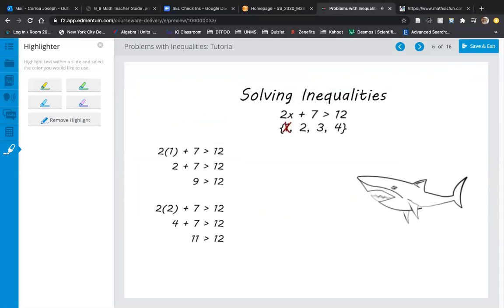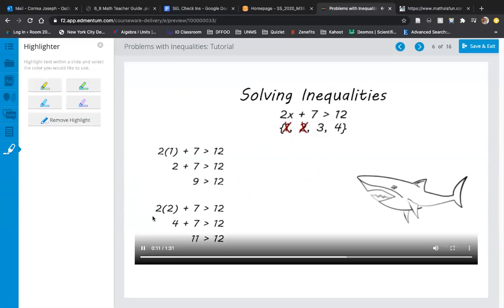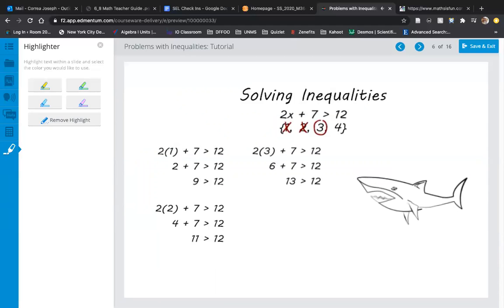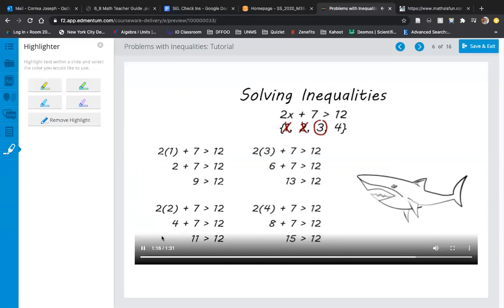Since 11 isn't greater than 12, 2 does not make the inequality true either. Next, try plugging in 3 for x, and then simplify the left side of the inequality. 13 is greater than 12, so 3 makes the inequality true. Finally, try plugging in 4 for x, and simplify the left side of the inequality. Because 15 is greater than 12, 4 makes the inequality true.